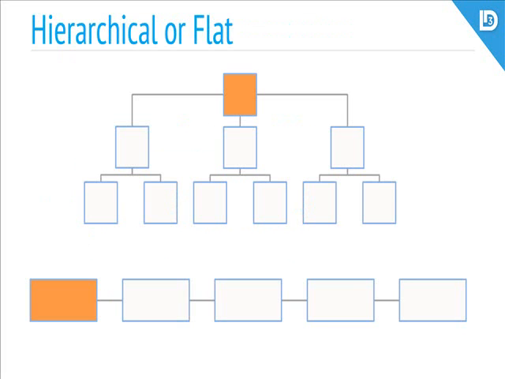Typically what you have in any application is a hierarchical model or a flat model. Really, you kind of only have one of these two choices. The usual application models we find today are built around hierarchical information architectures.